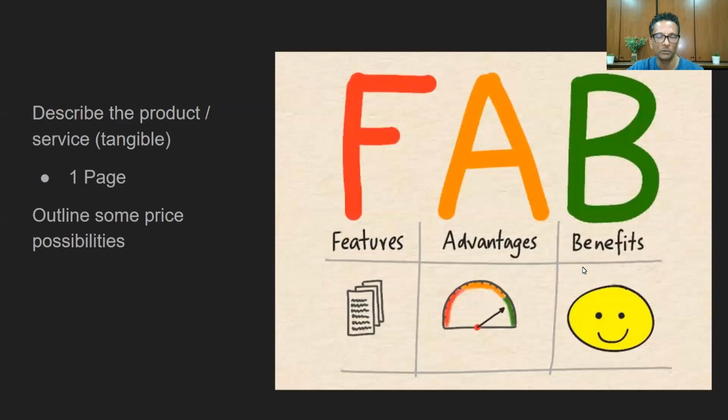Now going back just to help you with that one-pager, let's go back to the FAB model. What is your fabulous product? Let's revisit it. Features, advantages, benefits. I have a pen here. The features of this pen is it's 4 colors. That's one of its features. It's got a thick edge, kind of helps me with what I do.